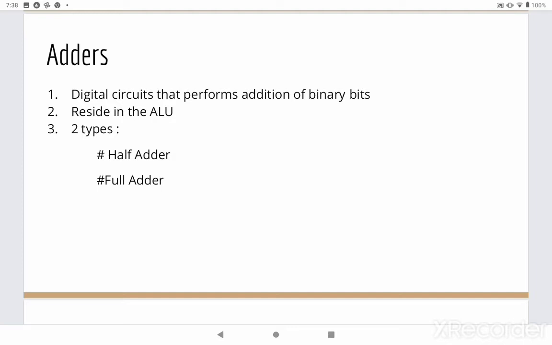Two base means we need only two values, zeros and ones. We just need to combine these zeros and ones appropriately to indicate the binary bits in a comfortable manner. And it resides in the ALU part. Mainly we have two types of adders. The first type is half adder and the second type is full adder.